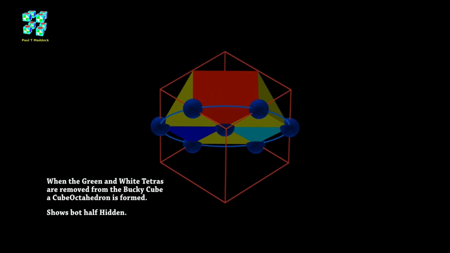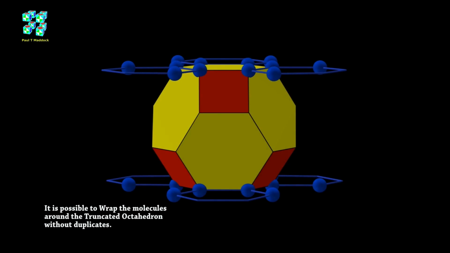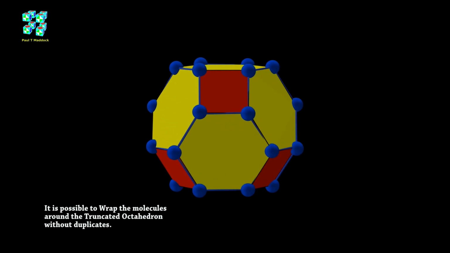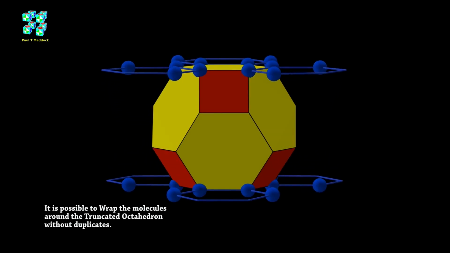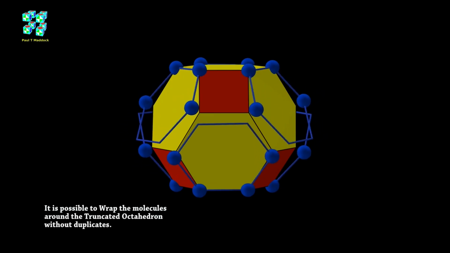In my last video on graphene, I showed an animation of the hexagons making a polyhedra. Let's take a look. Now this animation produces single balls on every vertex. There are no duplicates.